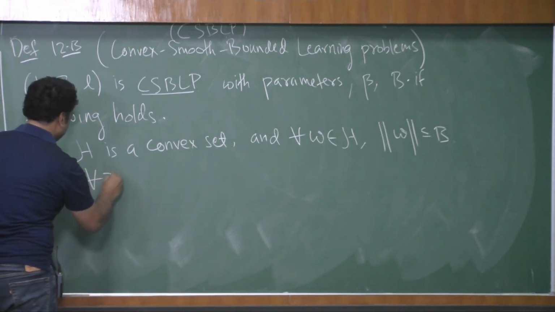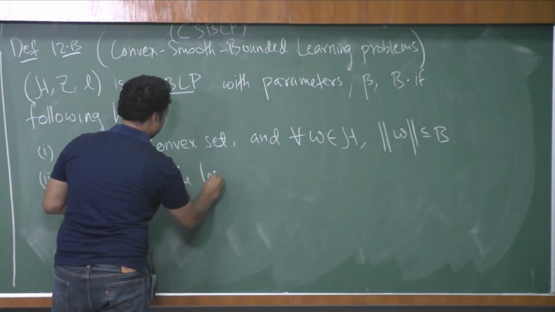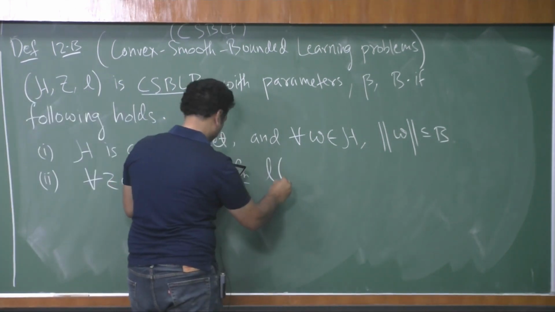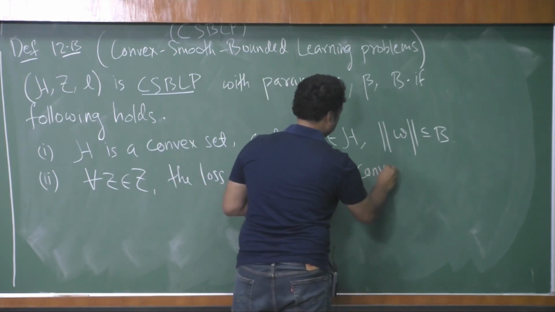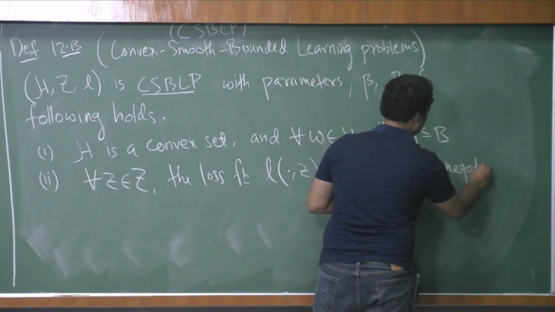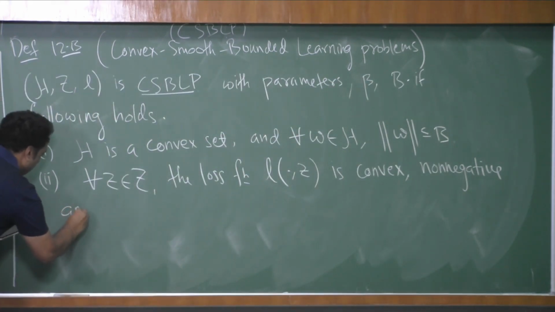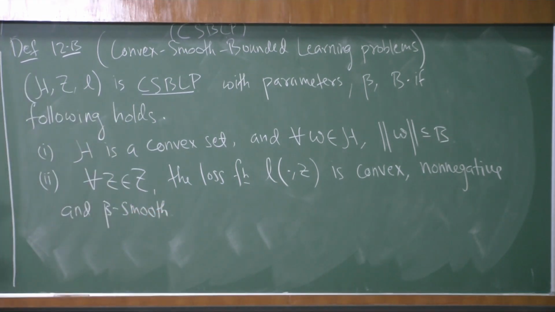So for all Z in the labeled sample set Z, the loss function L(., Z) is convex, non-negative, and beta-smooth. This is the definition of CSB learning problem.